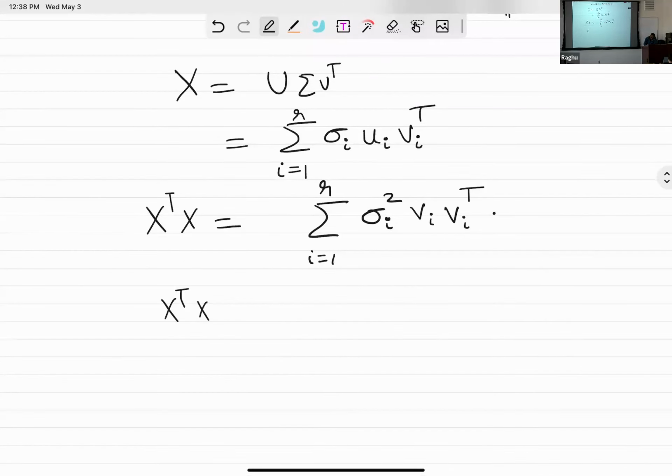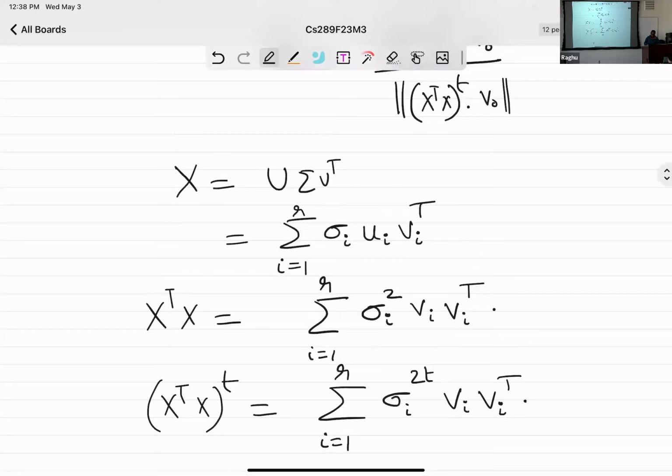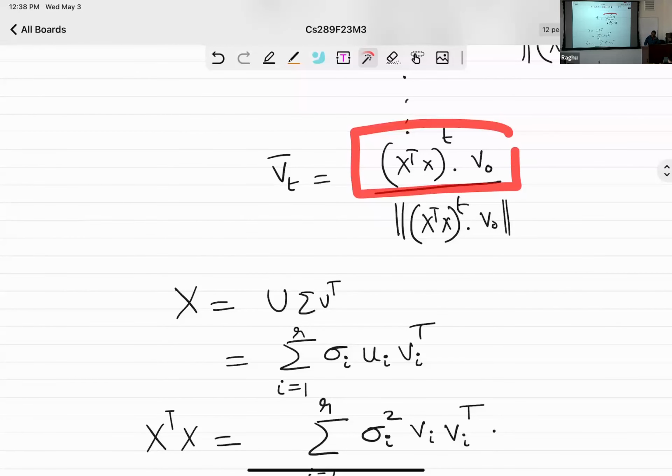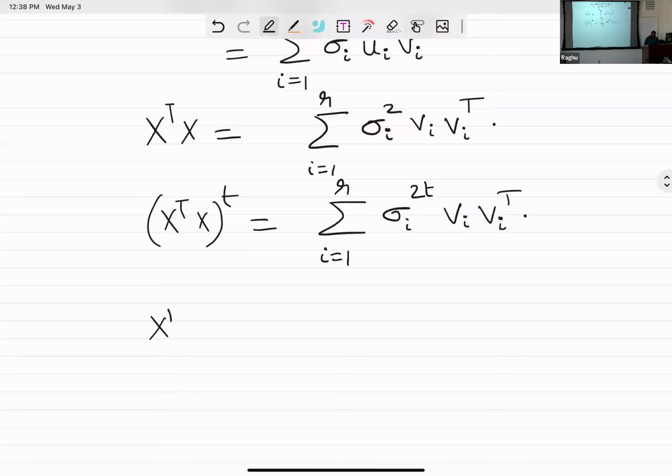And the other thing that we did last class was to show that if I raise it to the power t, then all of these singular values get raised to the power t and the vectors stay the same. This is what led to our algorithm in the first place. Now what are we interested in? We want to compute what this powered matrix does on a vector V0: X transpose X to the power t times V0.